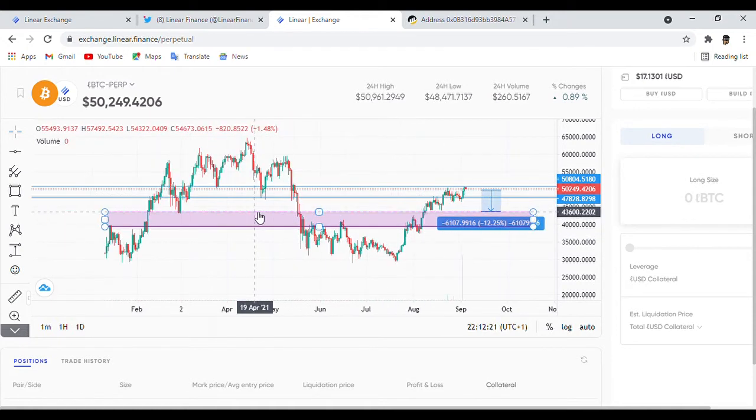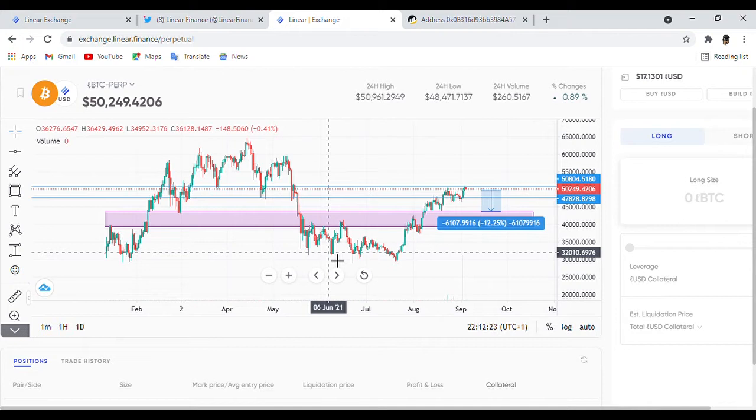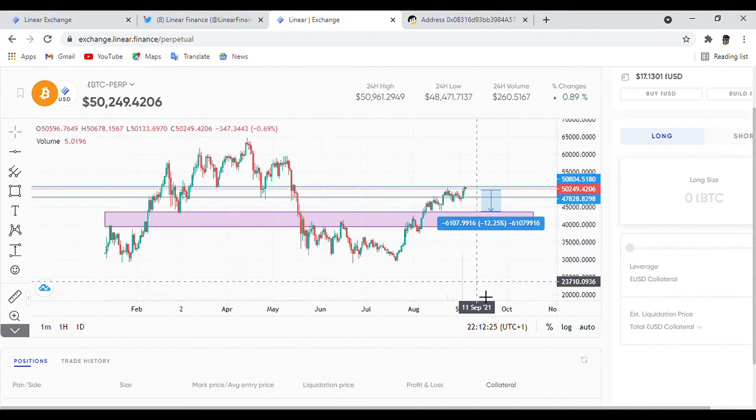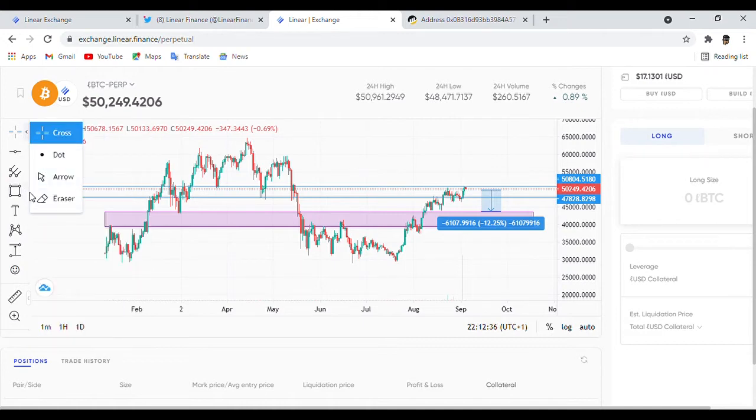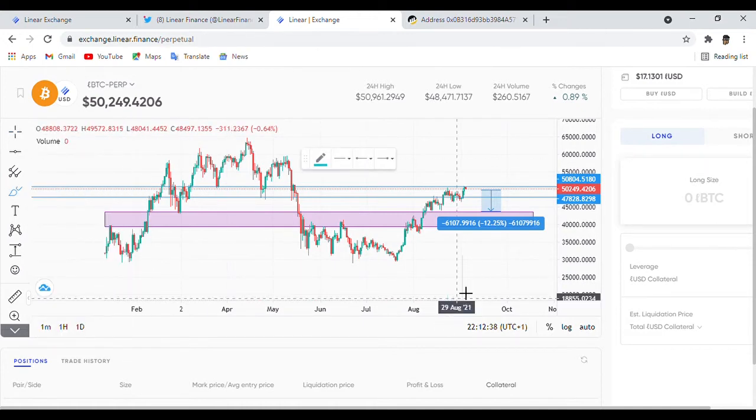So now we have been able to successfully plan what we want to do, which is placing a short position on BTC to here, and what I'll be expecting on BTC should be something like this.